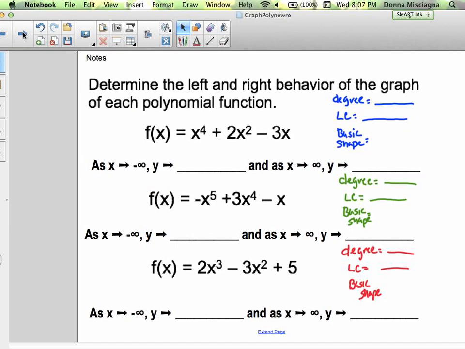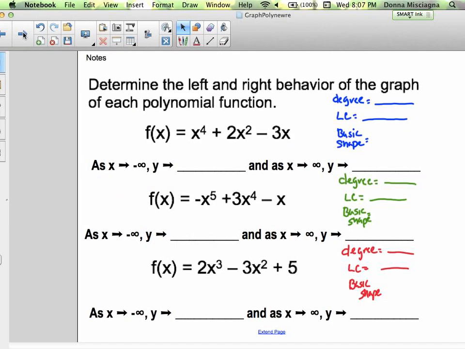We're going to determine the left and right behavior of the graph for each of our polynomial functions. When we're identifying end behavior, we need to look at the degree, we need to look at the leading coefficient, and then you think of the basic shape. It's not a graph, it's just the basic shape, and that will help you with end behavior.